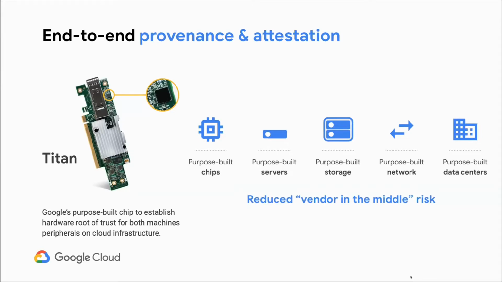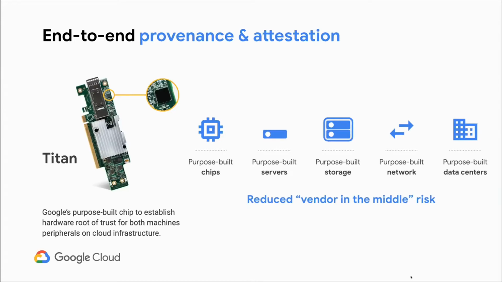We design and include hardware specifically for security. Like we have this custom chip called the Titan chip. This is our custom security chip that we use to establish a hardware root of trust in our servers and peripherals. So when you boot any server within a Google Cloud data center, the Titan chip ensures that there is no tampering with those servers.